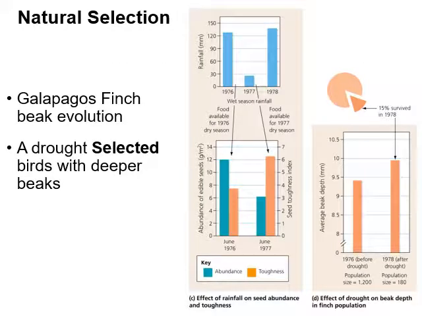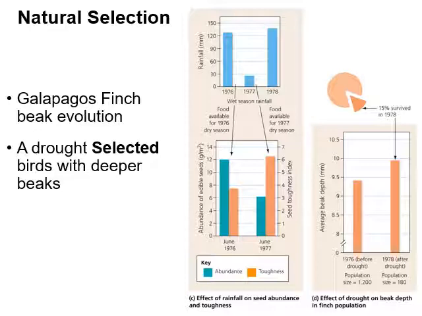So I want to talk about one of the best examples we have of natural selection. And it goes on with the finches of the Galapagos Islands, which I mentioned a little while ago. These are what are commonly known as Darwin's finches.